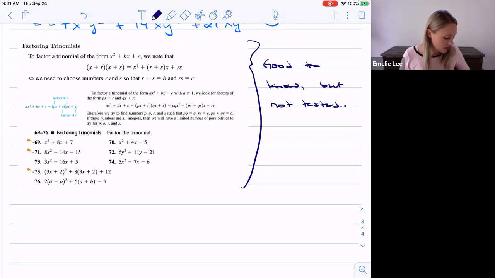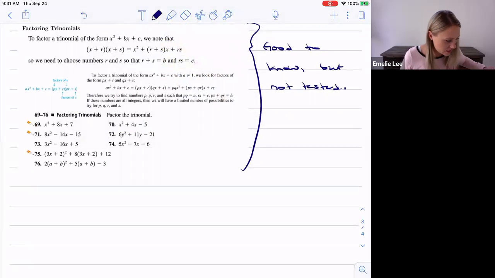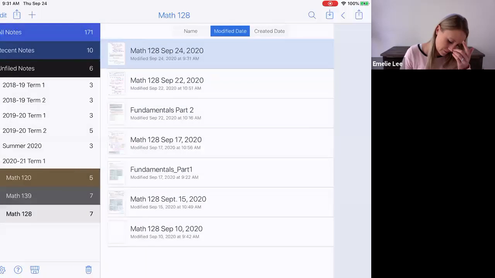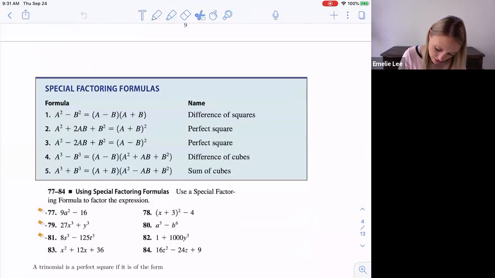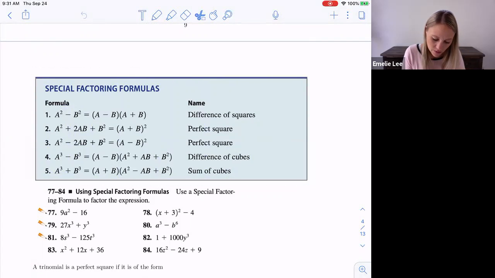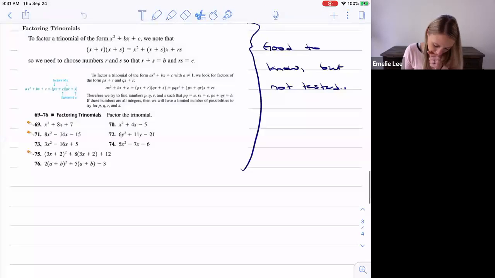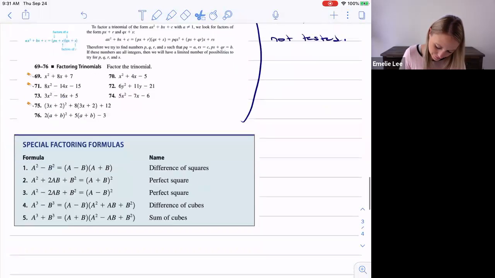So we'll table that for now and go to these special factoring formulas. You'll notice that this is basically the exact same thing that we were seeing with the special products, just in reverse, and that's what I was saying.